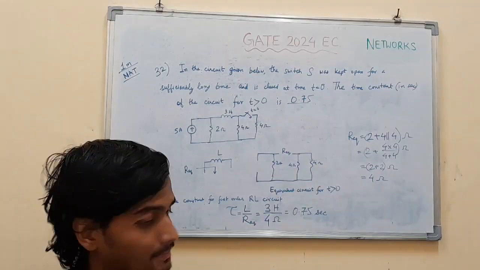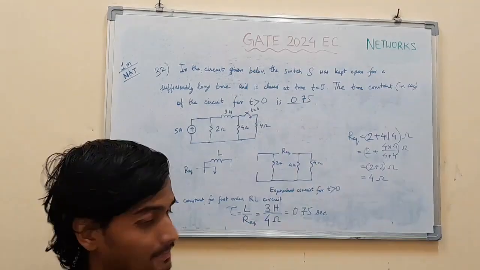Now collecting all the terms of V1 and V2 on one side and I2 on the other side, what do we get? 2 V1 minus 8 V1, so this will be minus 6 V1. Taken to the other side, it will be 6 V1. Let's keep 4 I2 here.